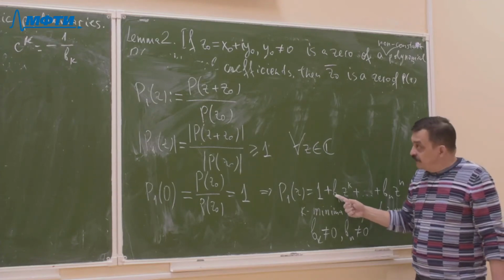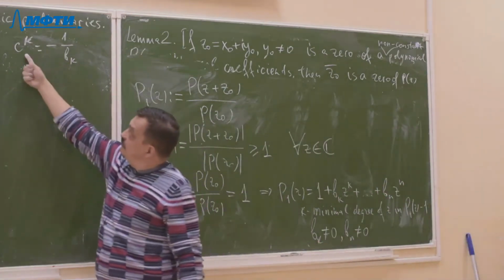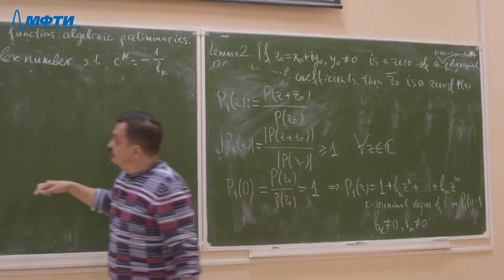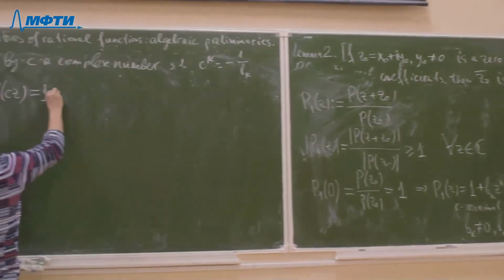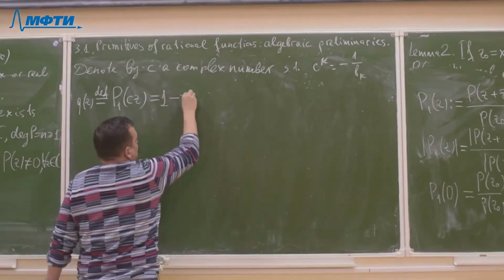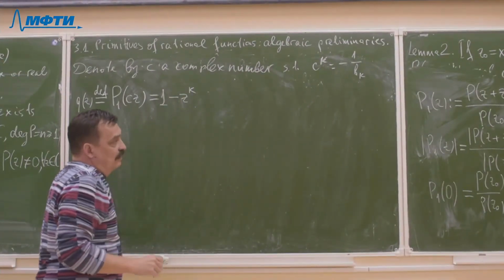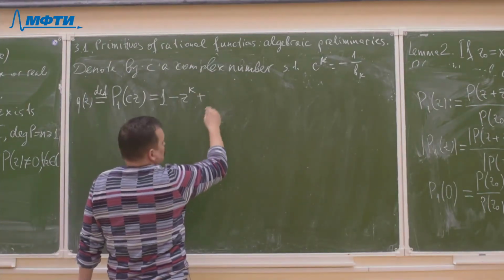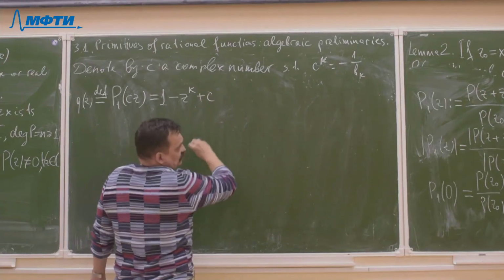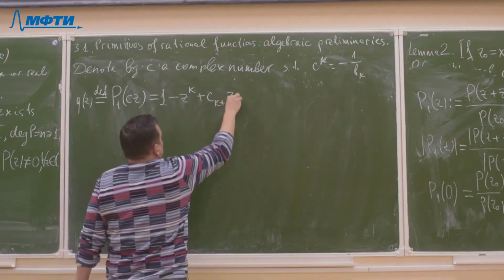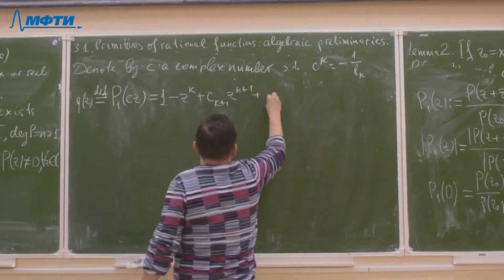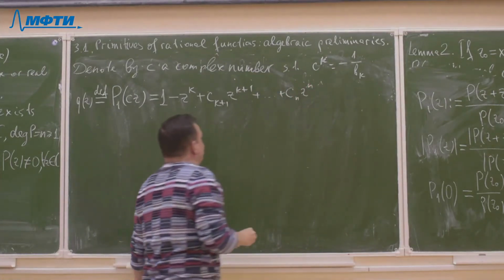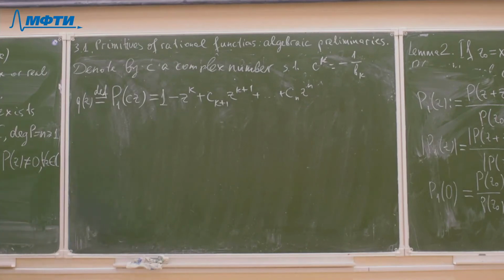And c to the power k times b_k is minus 1. So, that is 1 minus z to the power k. Other coefficients, I don't care about them. Just, let's say, c_{k+1} z to the power k+1, plus so on, plus c_n z to the power n.